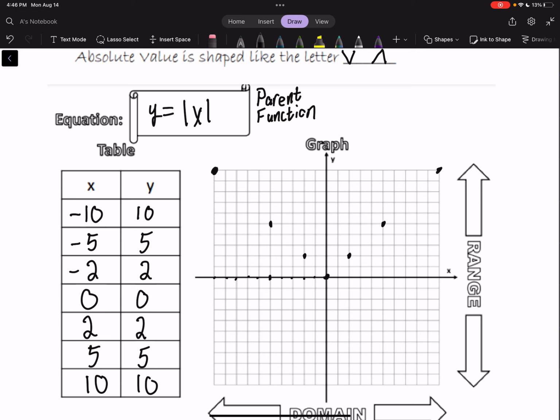Okay, connecting our lines. And we have this nice V. This is our parent function for absolute value.